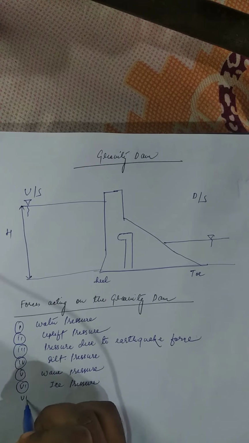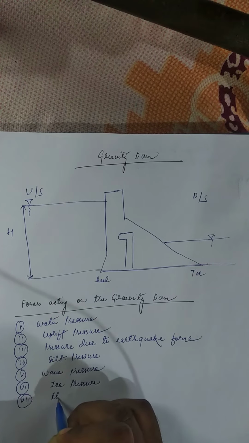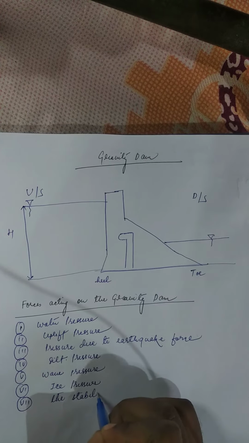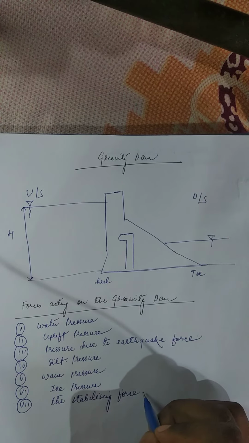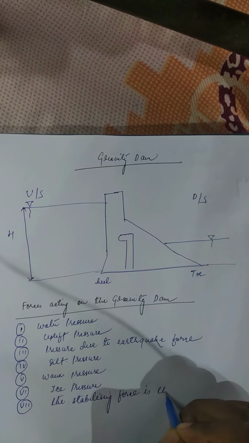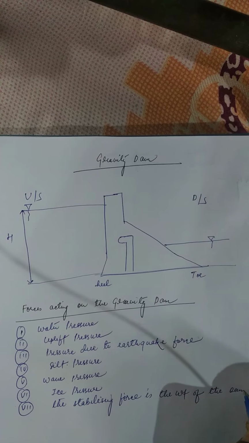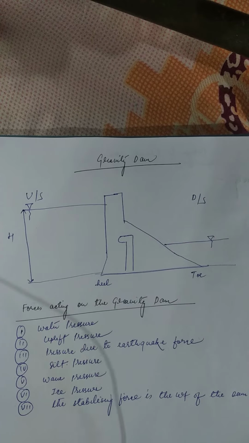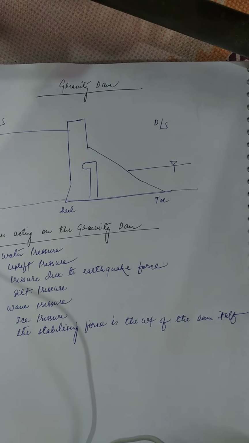And the seventh one, this is the last one, is the stabilizing force. The stabilizing force is the weight of the dam. So we'll see one by one. Let us start with the water pressure.